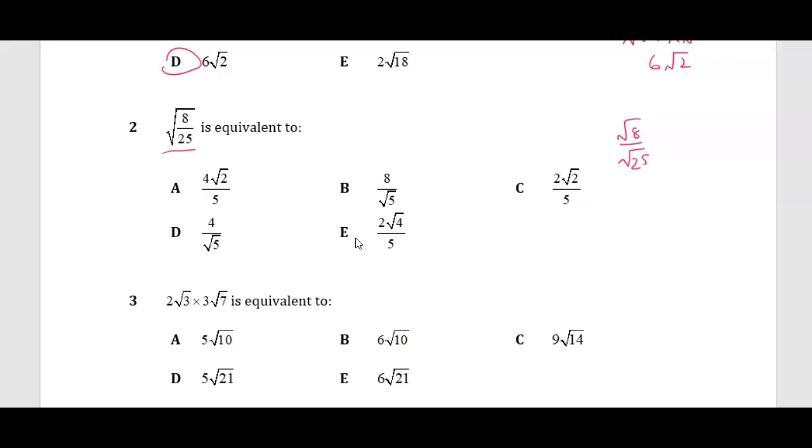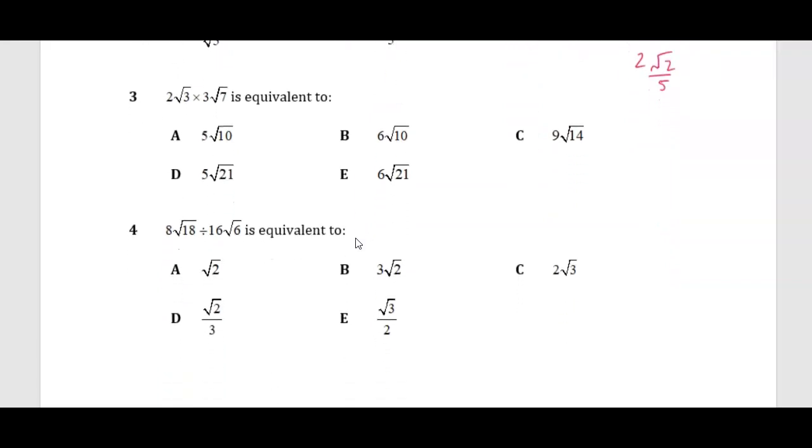So the square root of 8, thinking of your square factors, the highest one is 4, so 4 times 2. And then the square root of 25 is 5, so I can just write 5 there. Square root of 4 is 2, and then we've got root 2 over 5. So the correct answer for that one is C.